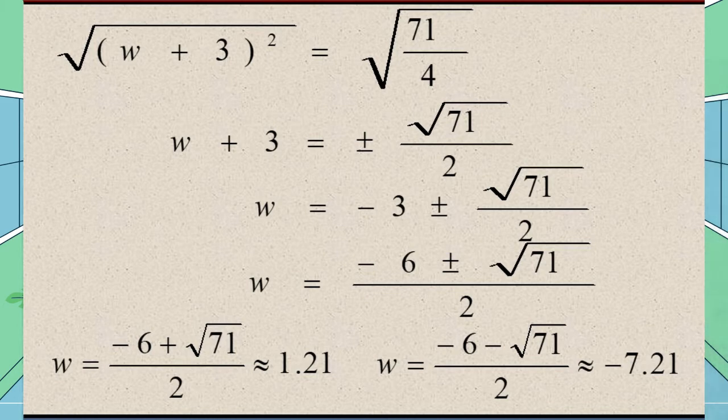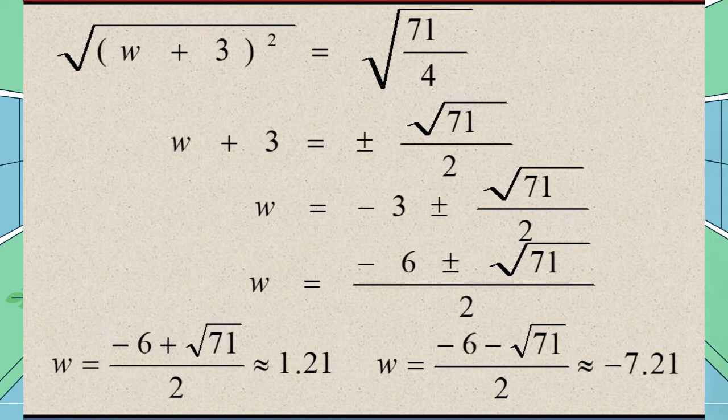Solve for W by applying APE. The answer is W equals negative 3 plus and minus the square root of 71 over 2. Expressing it as a single fraction, the value of W is negative 6 plus and minus the square root of 71 all over 2.